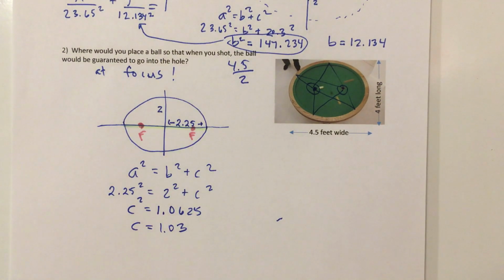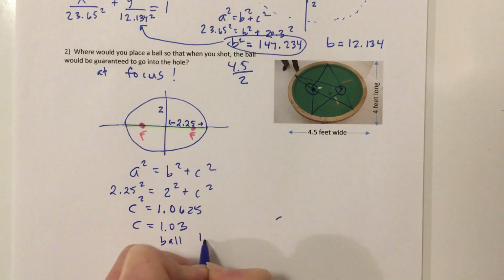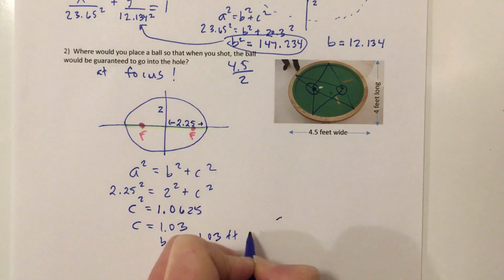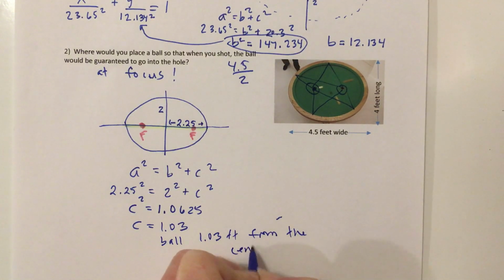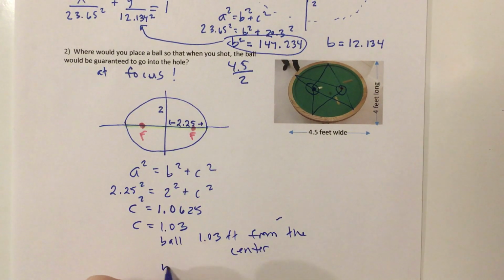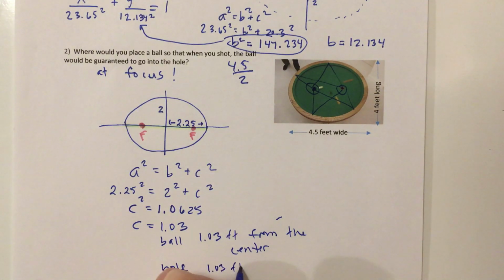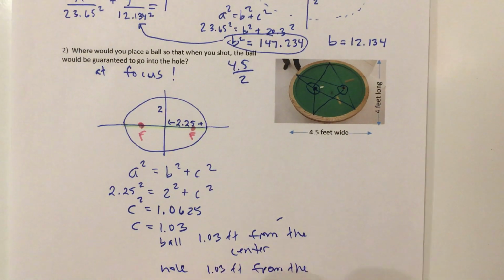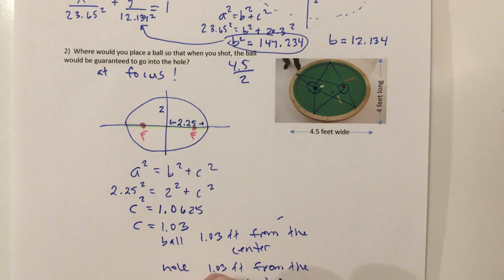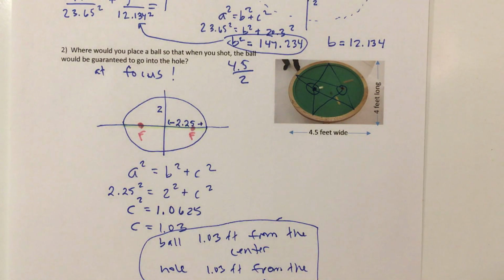So the answer to the problem is you would put the ball 1.03 feet from the center. And then the hole would also be 1.03 feet from the center.